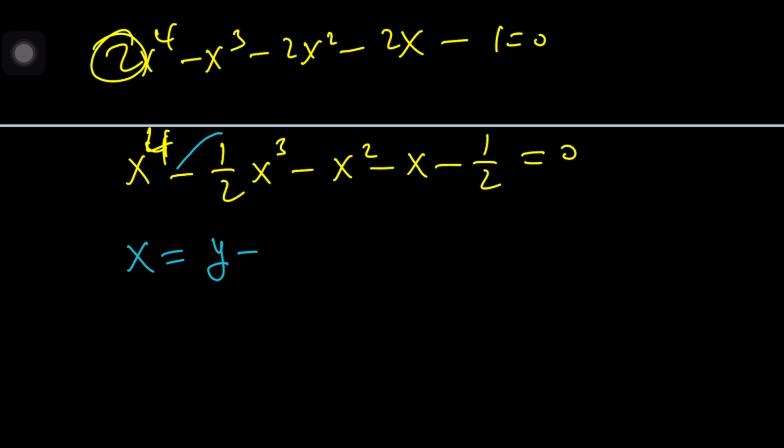You take this coefficient and negate it, and that's going to be 1/2, and then divide it by the degree of the polynomial, which is 4. So what is 1/2 divided by 4? That's 1/8, right? That's not light blue, is it? I probably need a lighter one, but hopefully you can see this. If not, let me know. So I'll change it. And this should be what x is replaced with, right?